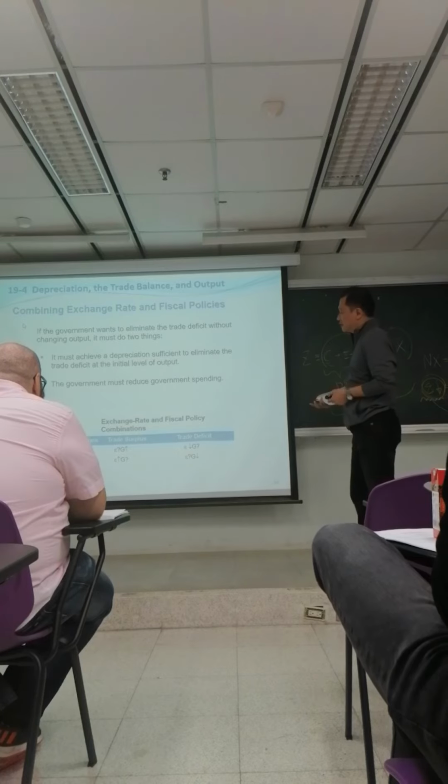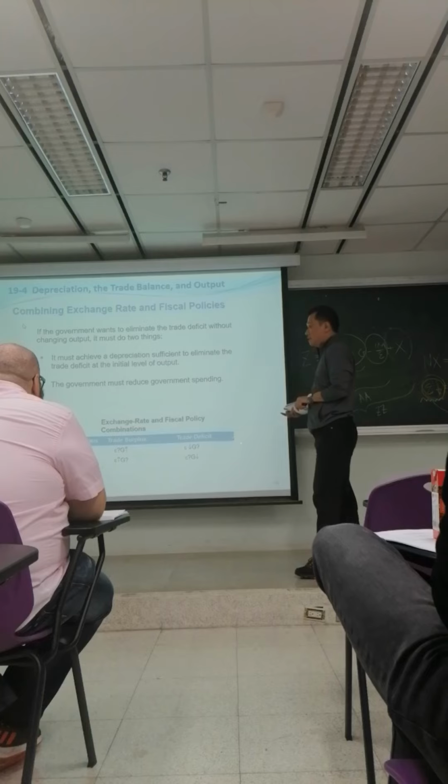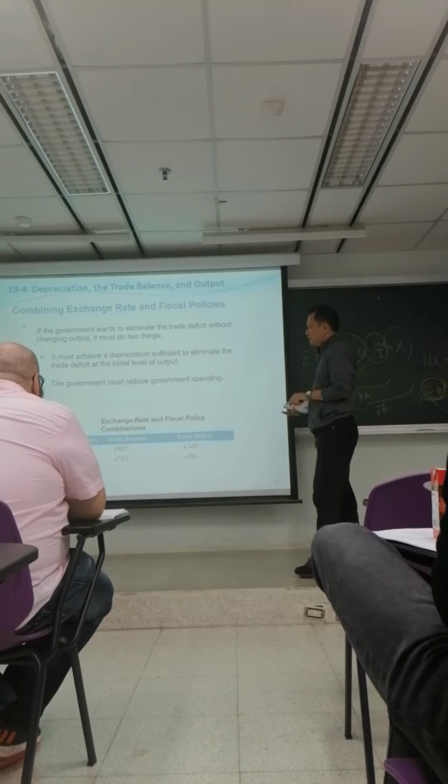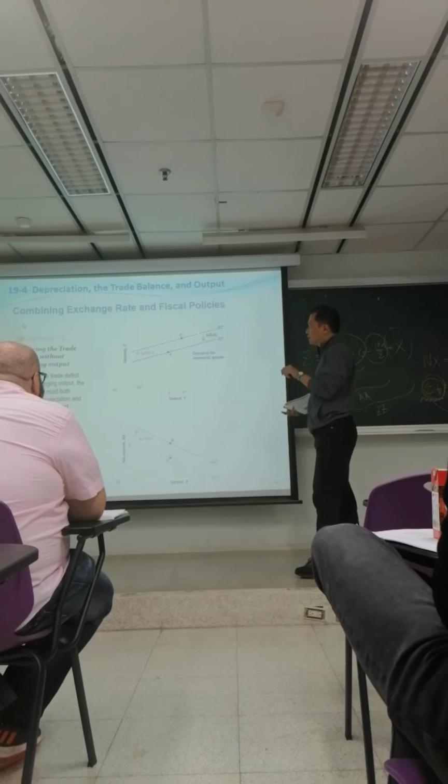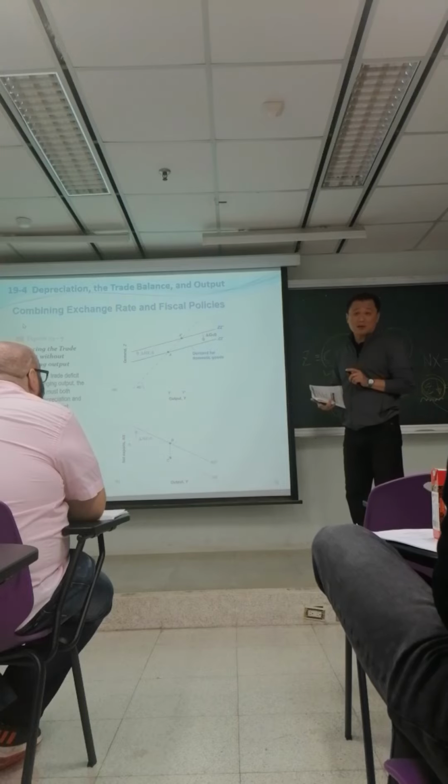Basically, if we have low output and a trade deficit, then we should engage in a depreciation exchange rate policy. But for government spending, in our example we need to decrease it, but it's not necessary.